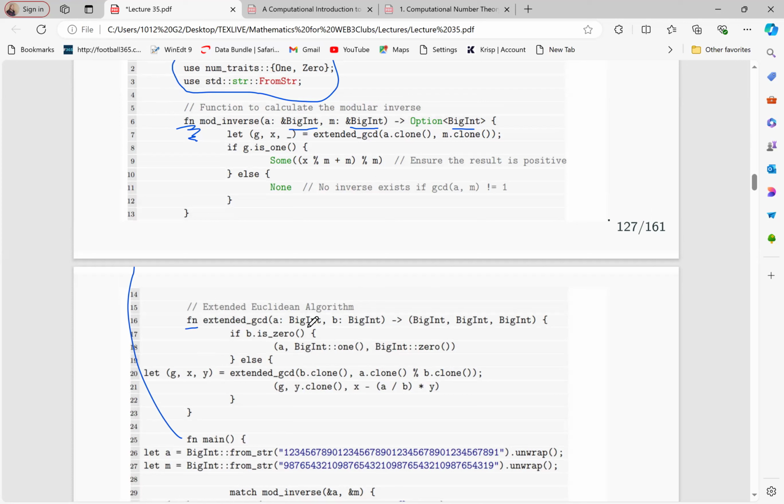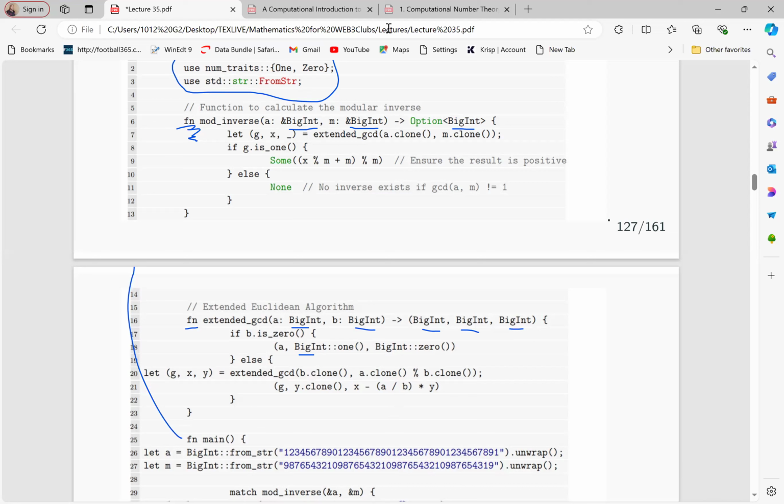The only difference is that where there's I64, I'm just putting big integer, and so on. That's the same way we would put there I128, or I32 and so on.